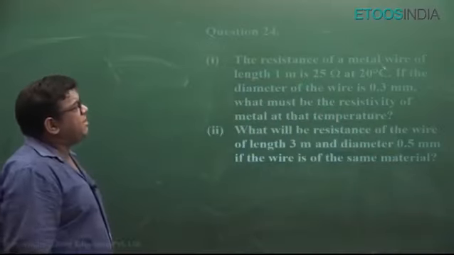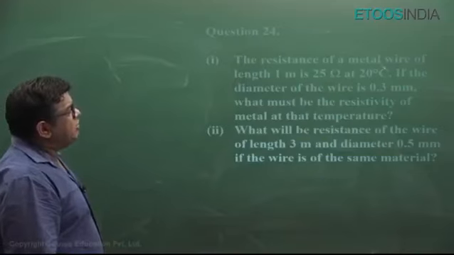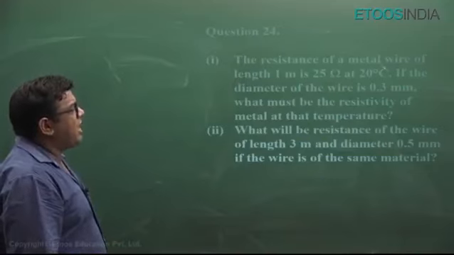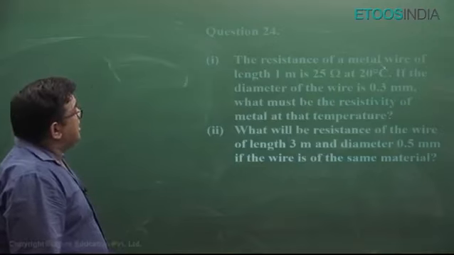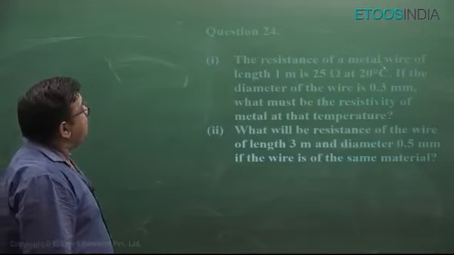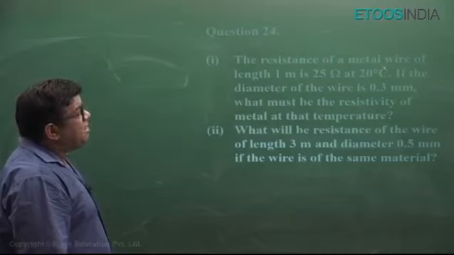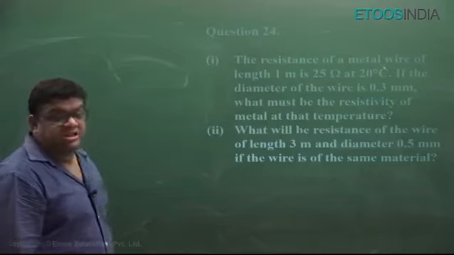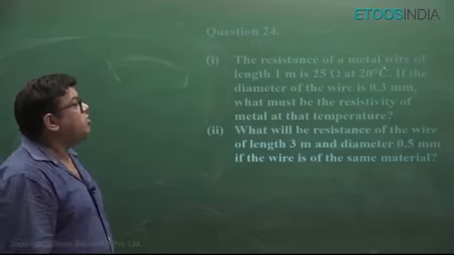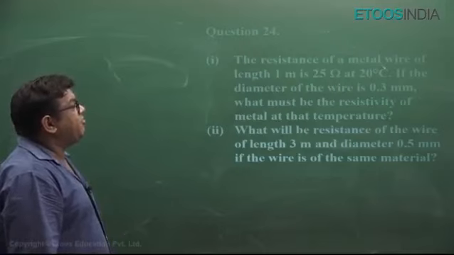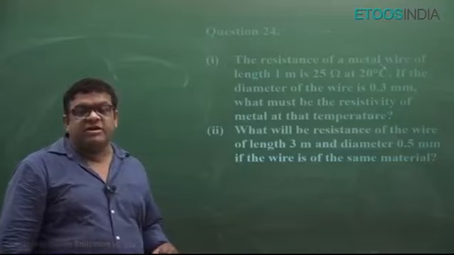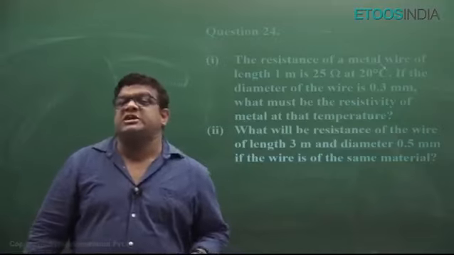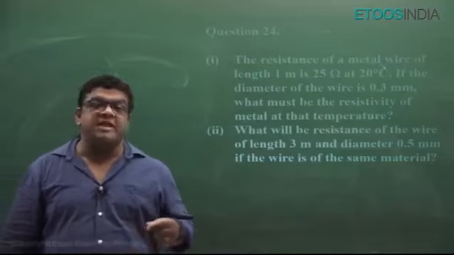The resistance of a metal wire of length 1 meter is 25 ohm at 20 degree Celsius. If the diameter of the wire is 0.3 millimeter, what must be the resistivity of the metal at that temperature? Now, one more thing to be observed. If the temperature remains constant, we will not use this term anywhere.